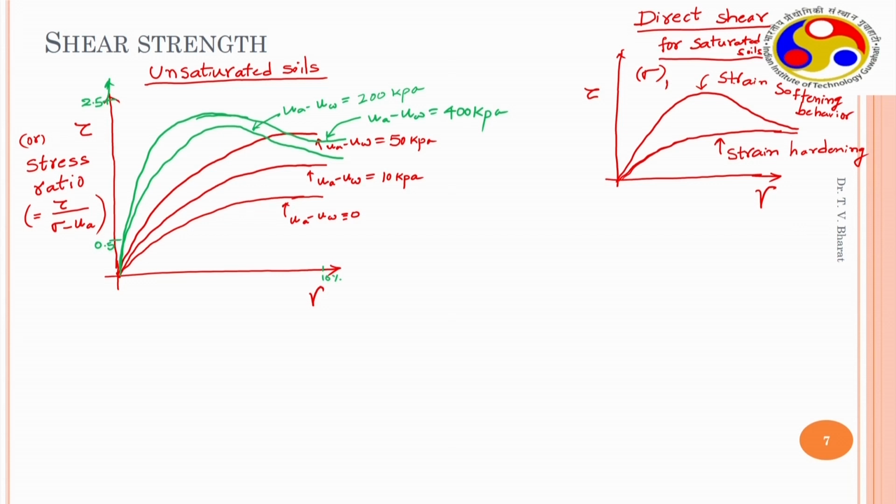So, the interesting trend is that as the suction increases, the ultimate shear stress increases, and this exactly behaves like strain hardening behavior. But beyond certain suction values, say more than 50 kilopascal, it exhibited strain softening behavior. It has a peak stress, and after that it reaches the ultimate.